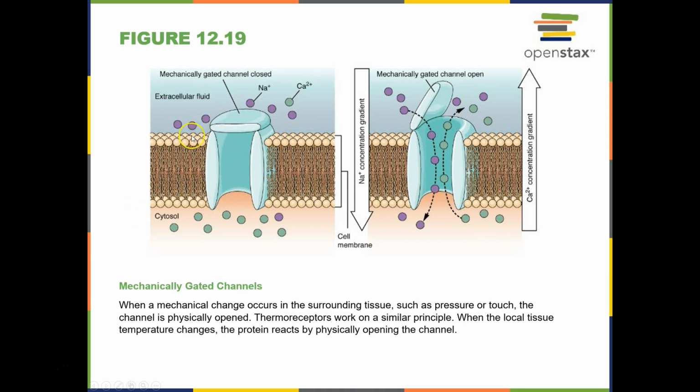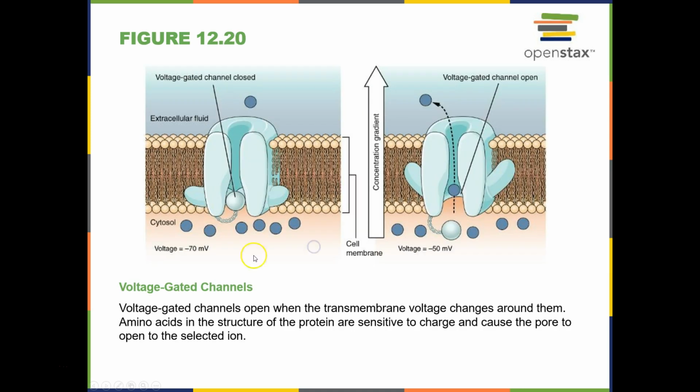A ligand-gated channel is going to have some type of area for a receptor to bind that activates the protein. Mechanically gated, when the membrane has been activated, it causes that protein to open up. This is like a little door, and it opens and then allows ions to move across.